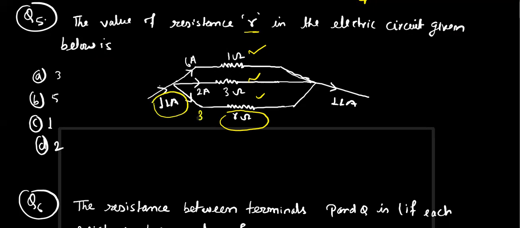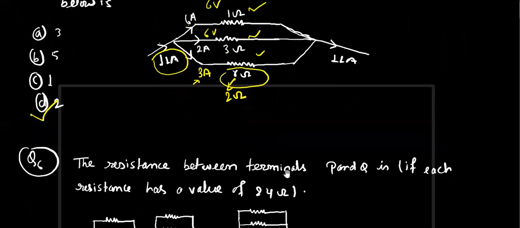That's why the value of current here will be 3. If you find out the potential, 6 1s are 6, here is 6 volt, 3 2s are 6, again 6 volt, so it must be 6 volt. So here is 3 ampere current, that's why its value will be 2, because 3 2s are 6 volt, and these are in parallel combination. So option D is the correct option.